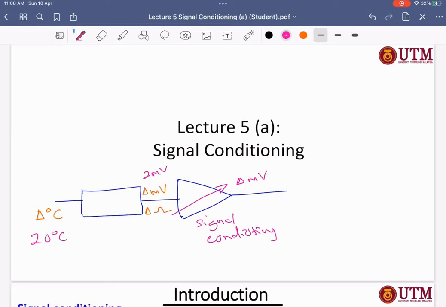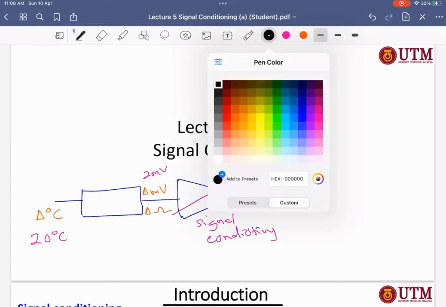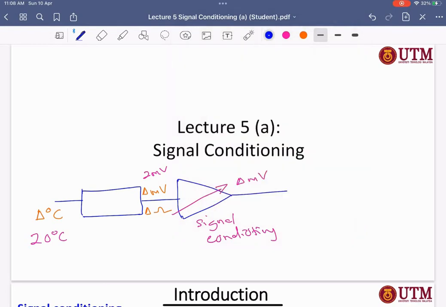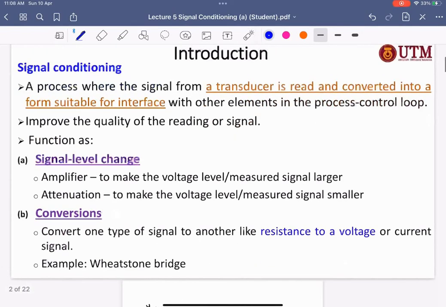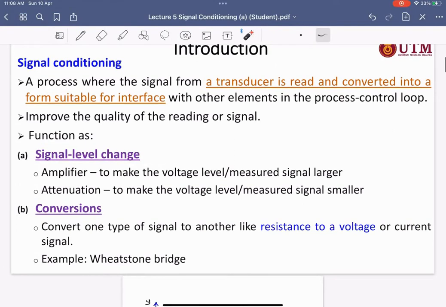You don't have only one signal conditioning; you can have multiple signal conditioning, depending on your application. Signal conditioning is used to read the value from the sensor and convert it into a suitable value for other interfaces.